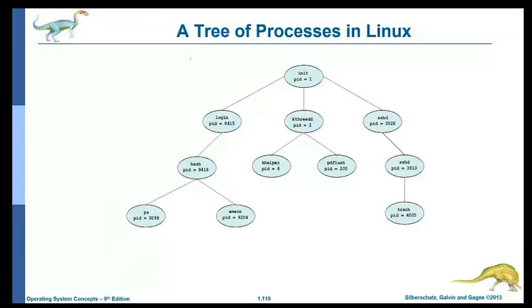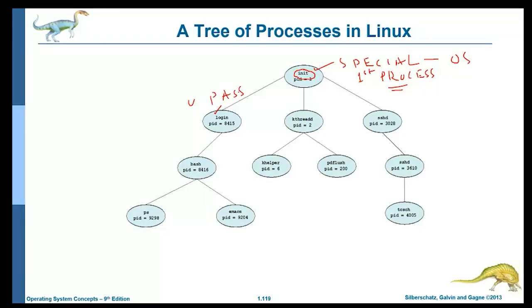I was telling you about a tree of processes and the init process. The init process is the special process that is created by the OS. This is the first process to exist. Then this process goes on to create a login process, which asks you for your username and password.